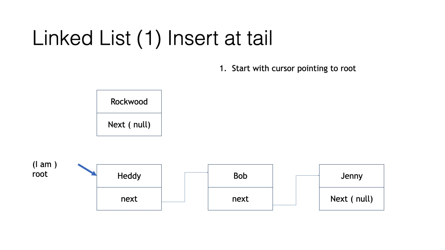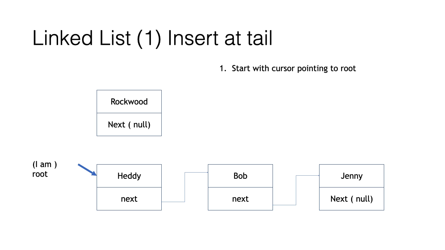So let's insert an item at the end of a linked list. How do we do this? We want to insert Rockwood at the end of the list. We begin with a root, and we have this thing called a cursor. It's just pointing at an item in this list.